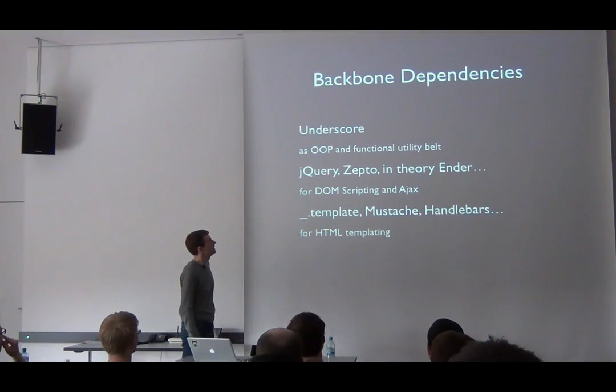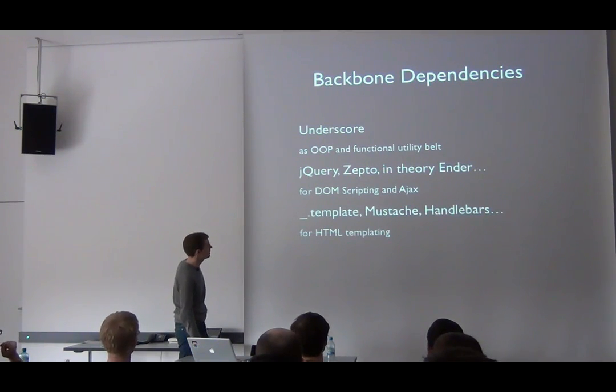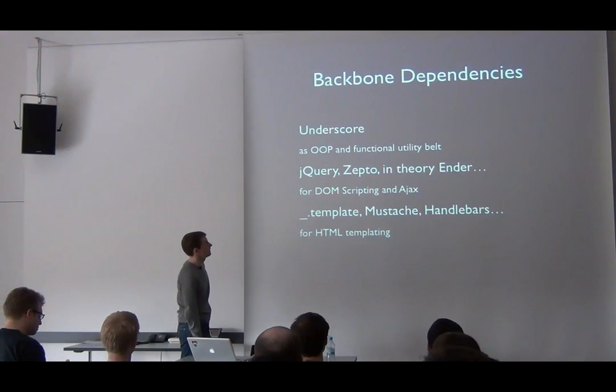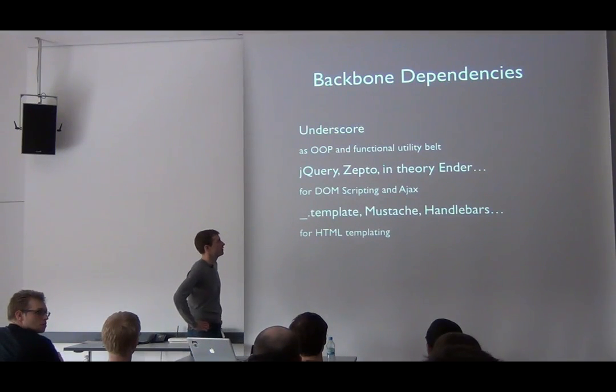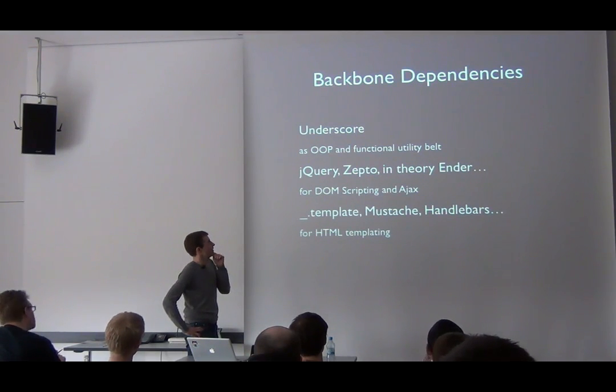Underscore is a library from the same authors. It's a utility belt. If you're familiar with ECMAScript 5, most of the functions from ECMAScript, the new array and string methods and so on, are present in Underscore.